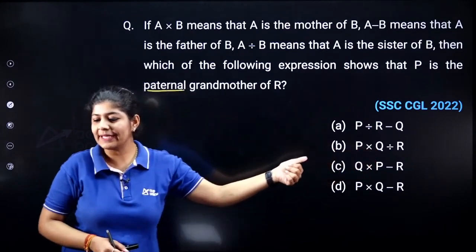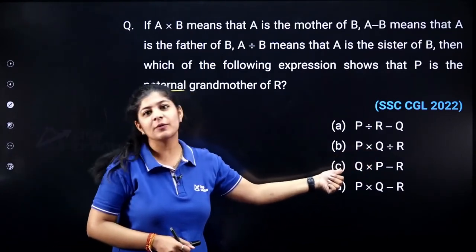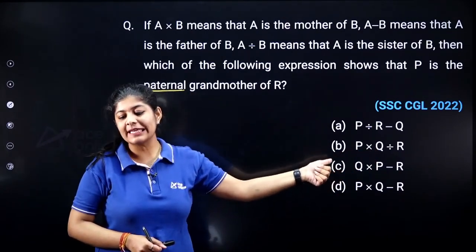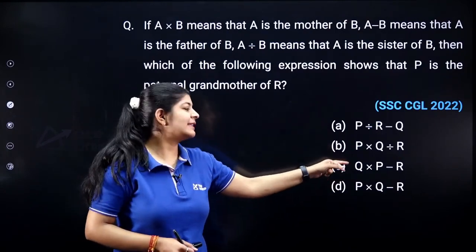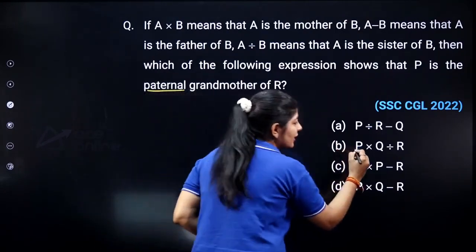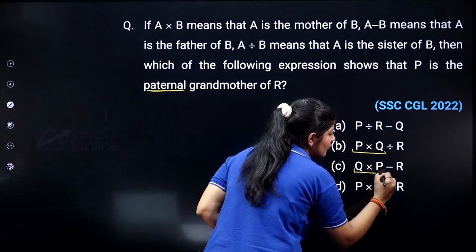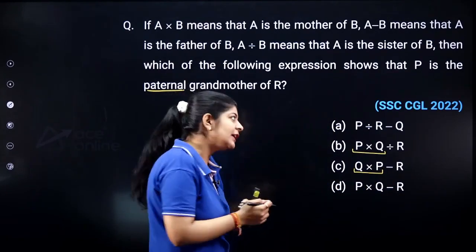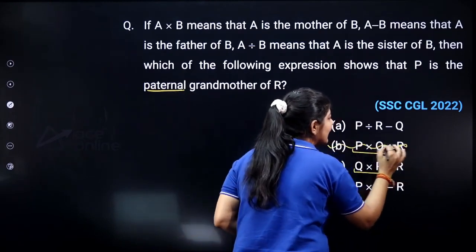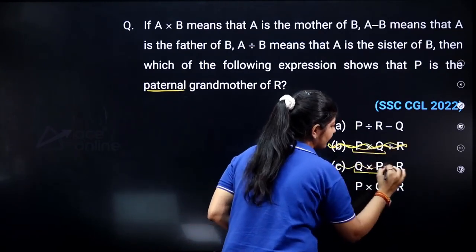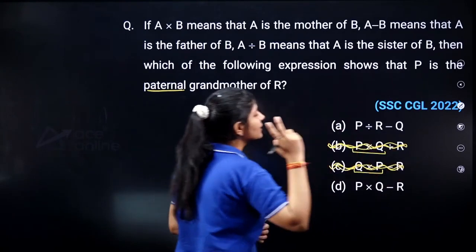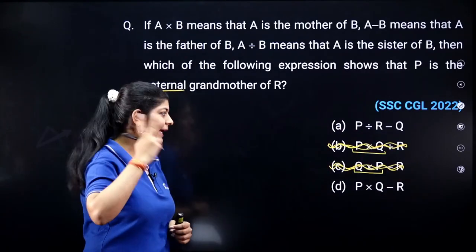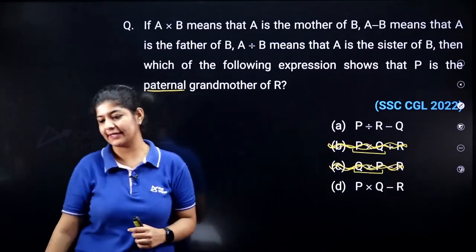So we can simply eliminate option B and C over here, because the generation gap is not 2. They are somehow directly linked to each other. So we can easily eliminate such options. Now we are left with just 2 options. Either option A is correct or option D is correct.